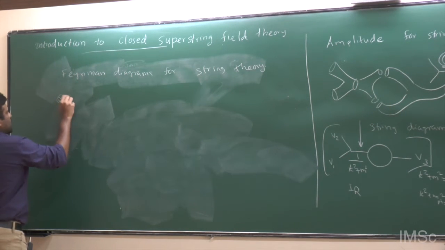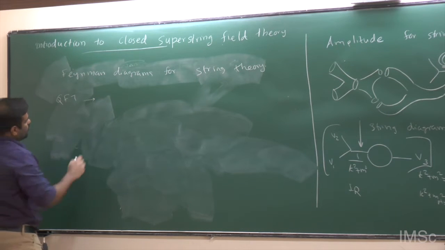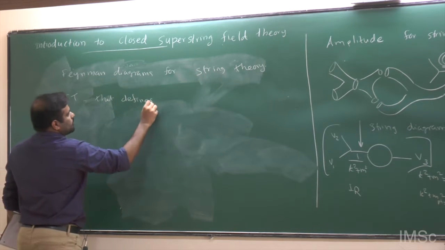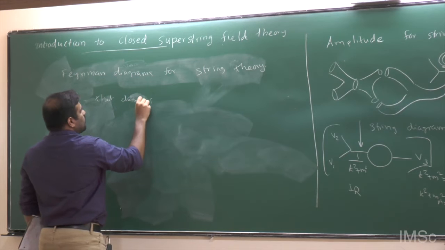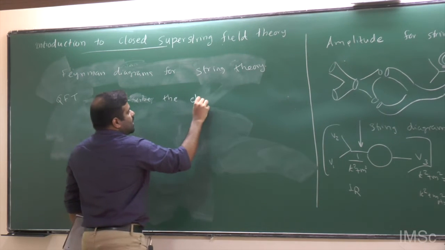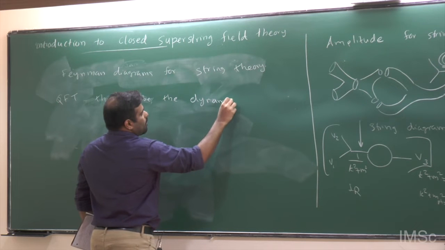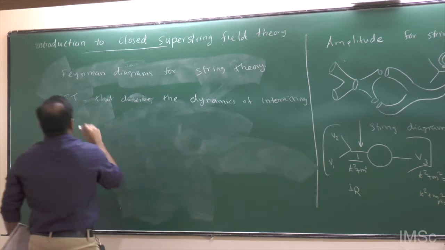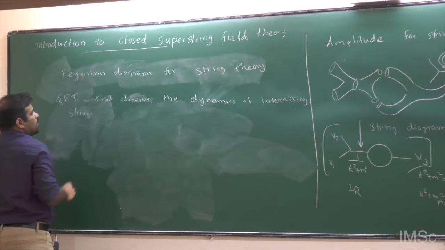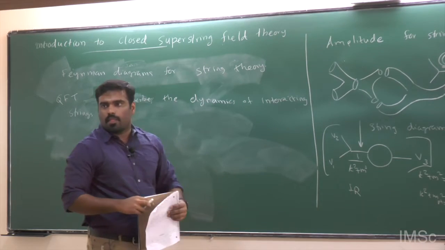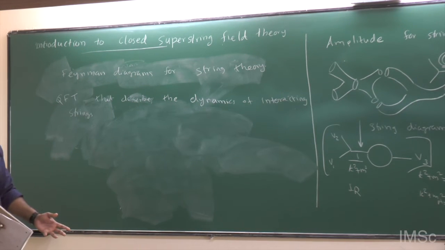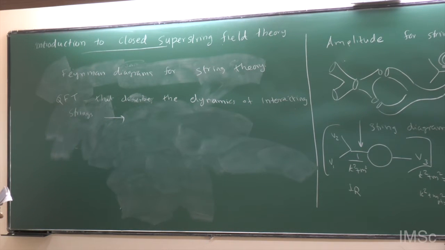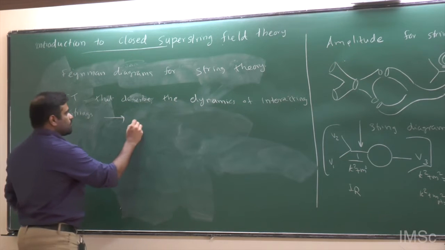So if you have a quantum field theory that defines or describes the dynamics of strings, then you can regulate these IR divergences. Then you can define what you really mean by a Feynman diagram in string theory. And you have such a quantum field theory, and that's string field theory.